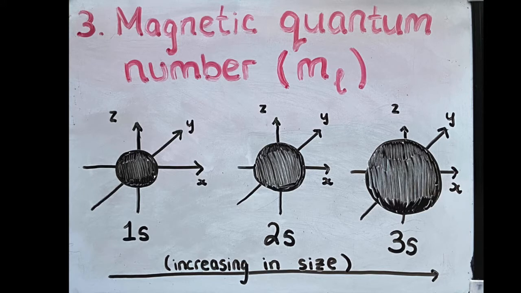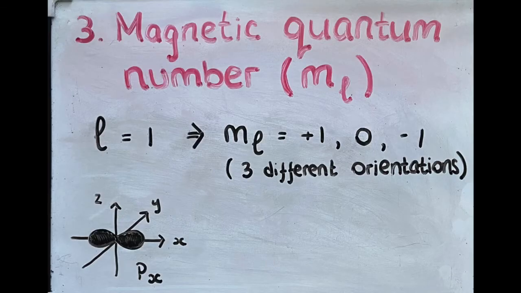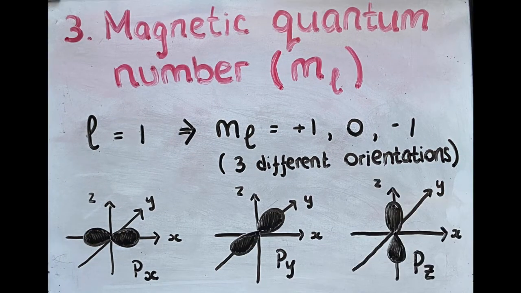Therefore, in each energy level, n equals 1, n equals 2, etc., we can only have one s orbital. Moving on to p orbitals, these can have 3 different orientations in 3D space and 3 magnetic quantum numbers. This means each energy level has 3 p orbitals, px, py, and pz.